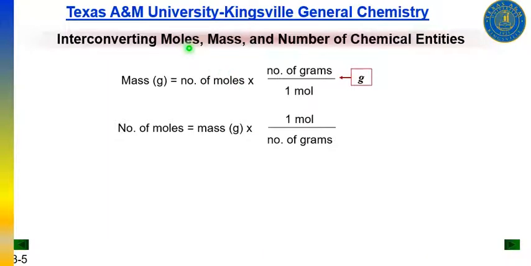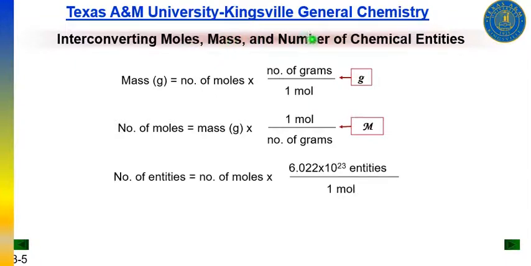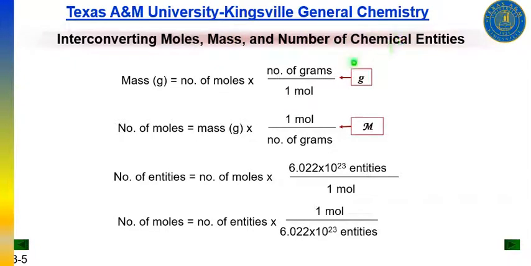Interconversion of moles, mass, and the number of chemical entities can be done using these 4 different equations. The grams of mass equals the moles multiplied by molar mass, grams per mole.